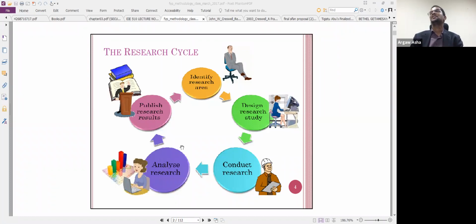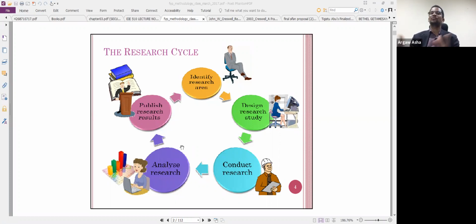Analysis: you have some data. Based on that data, you can go for analyzing your research. That means showing the audience the results.